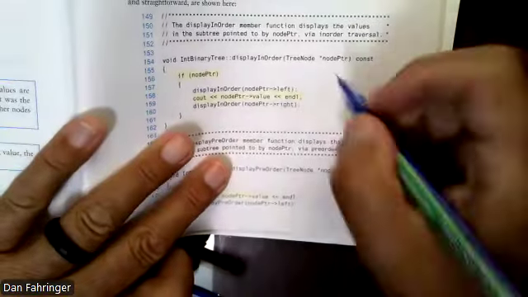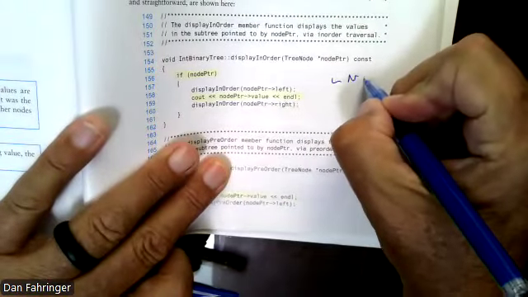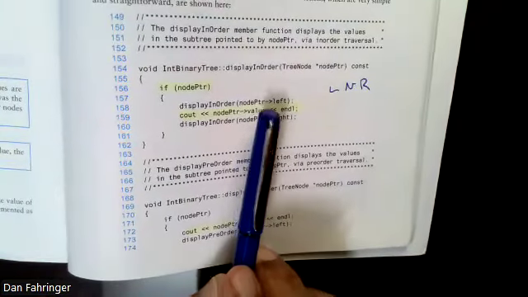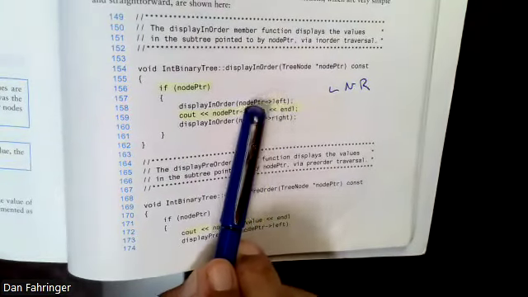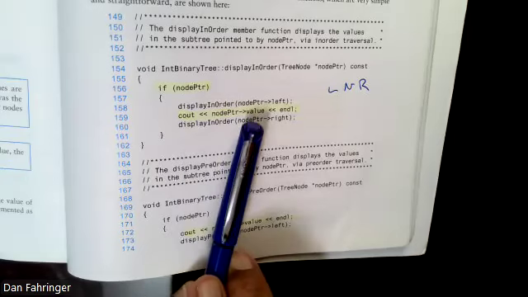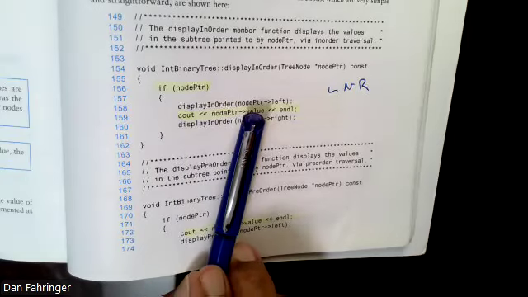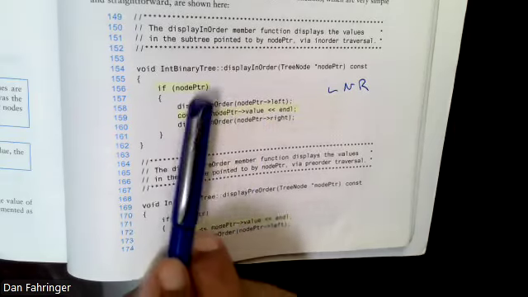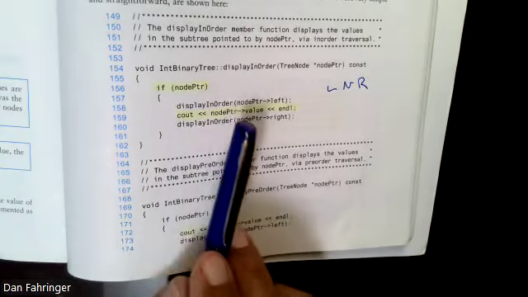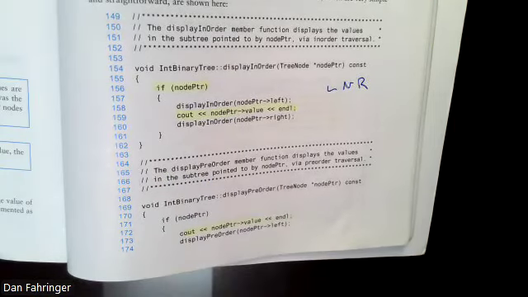And in order was left, node, right. Check this out, how it winds itself down that left path until it can't go anymore. And then it does the value, but it's going to rewind itself out through the lefts, printing out.